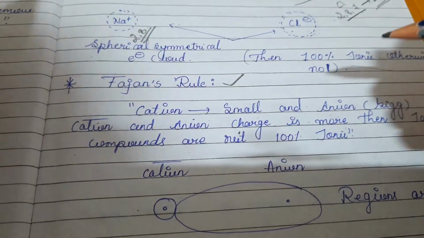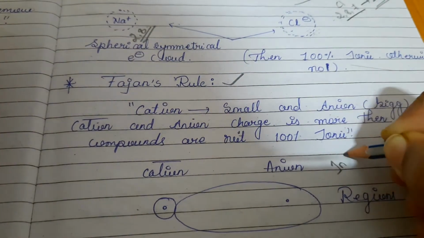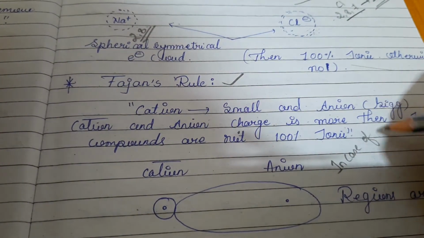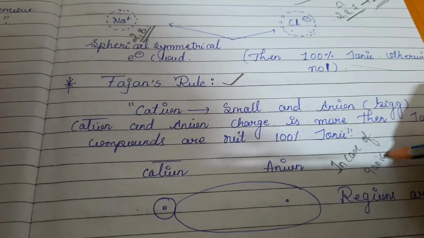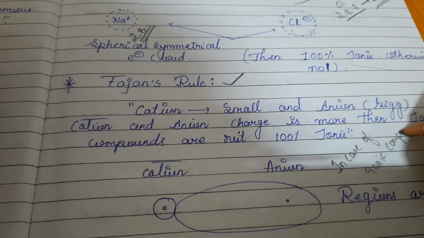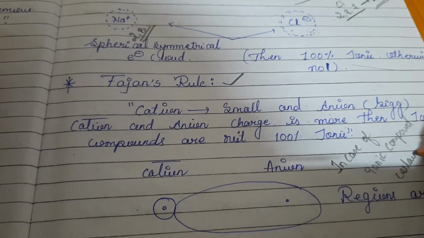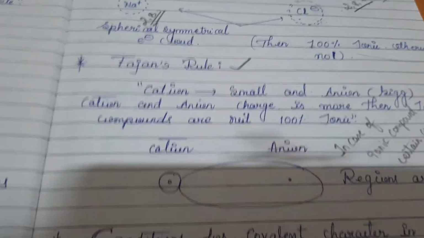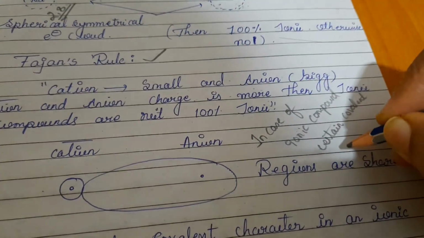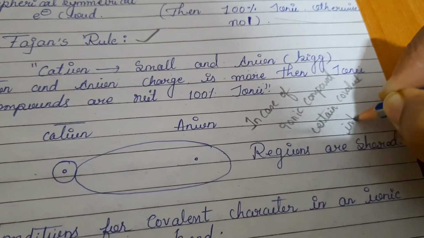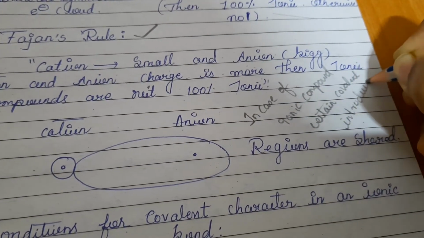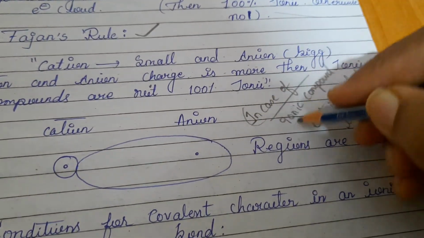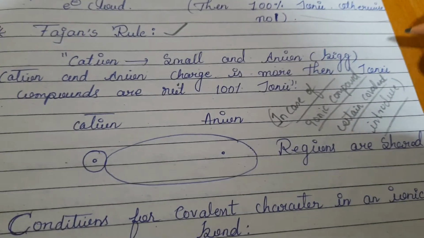I repeat, in ionic compounds, certain covalent character is introduced, and that is what is called Fajan's rule.